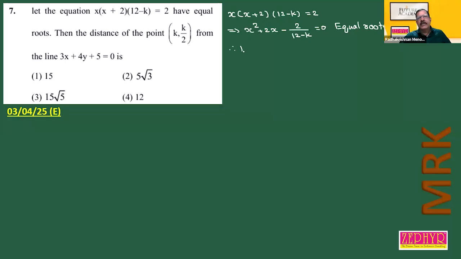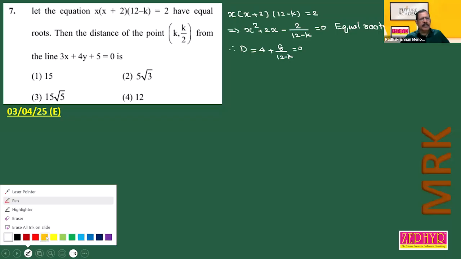Therefore, what is discriminant here? B square minus 4ac. It will be plus. Okay. Simplify this. So 4 is getting cancelled.